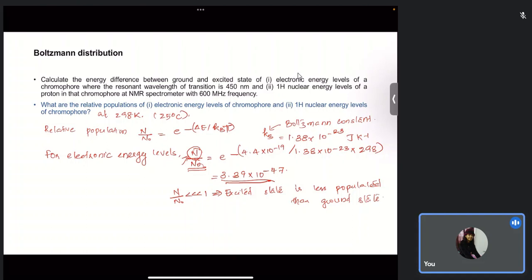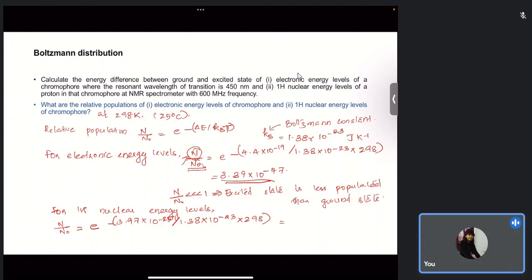Now let's look at how it is for proton nuclear levels. N by N0 is equal to e raised to minus 3.97, the energy difference delta E, into 10 to the power minus 25 divided by 1.38 into 10 to the power minus 23, where 1.38 into 10 to the power minus 23 is kB, into 298.